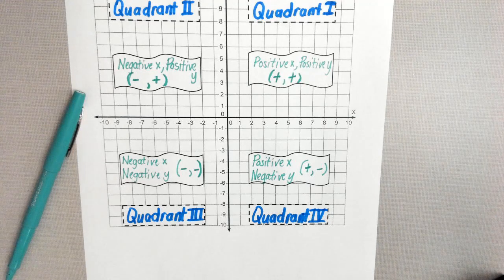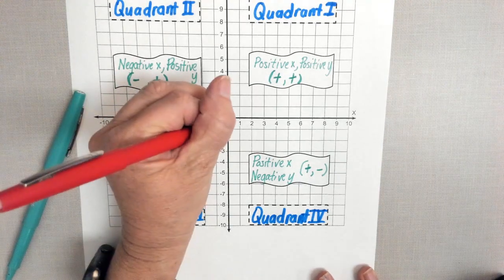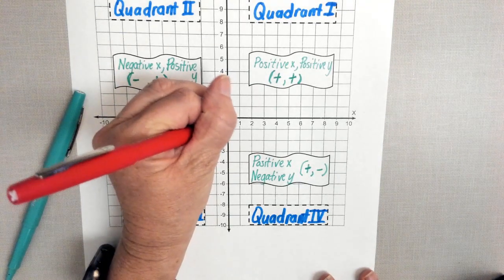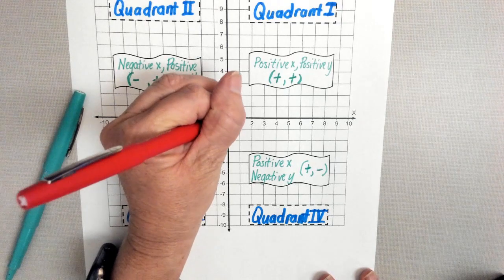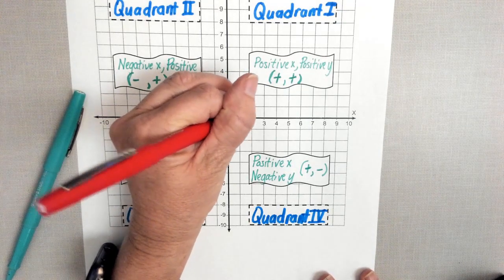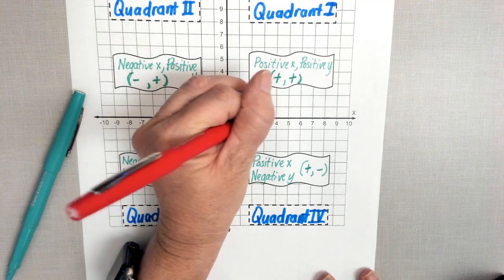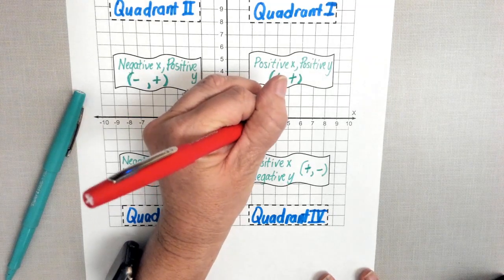So what I'd like to do now is write an example of each one of these. First of all, I want to point out that this is the origin and this is where we start. That's your starting point every time.